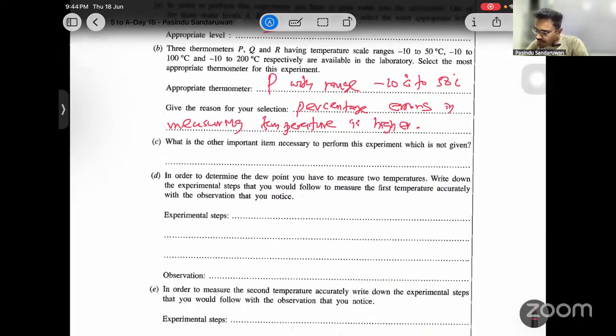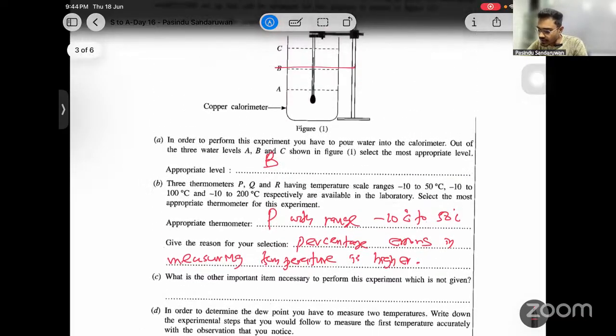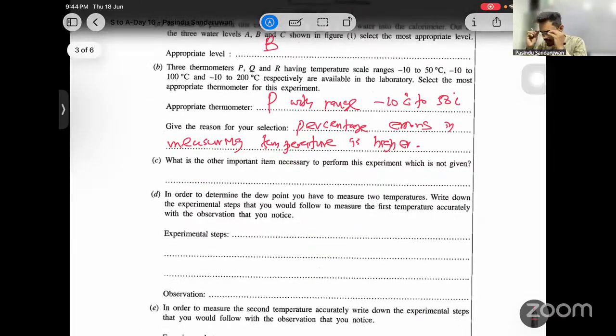What is the other important item necessary to perform the experiment which is not given? Stirrer is not given. We need a stirrer, and when ice chips are melted, you know, ice is always floating in water. If it floats at the surface, it is going to make an error.